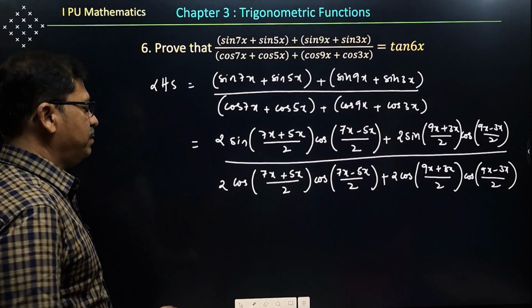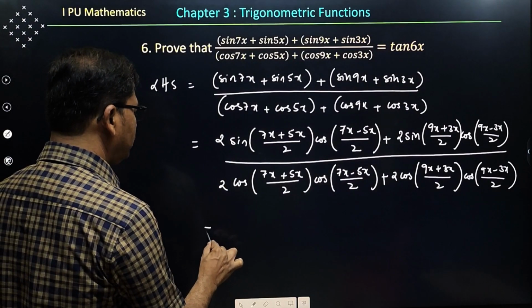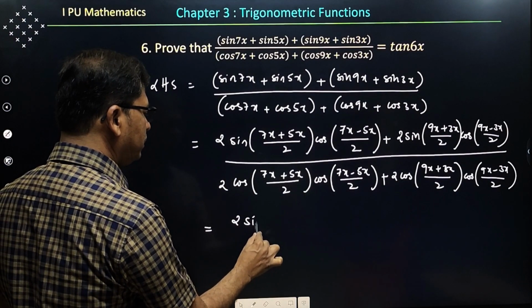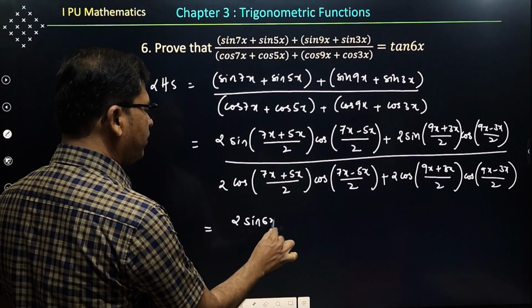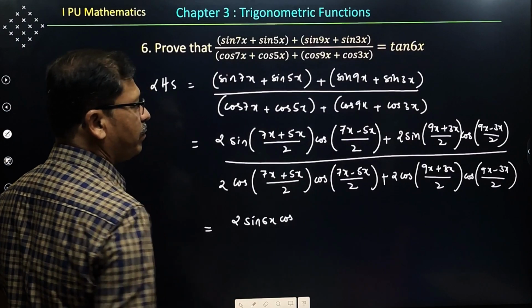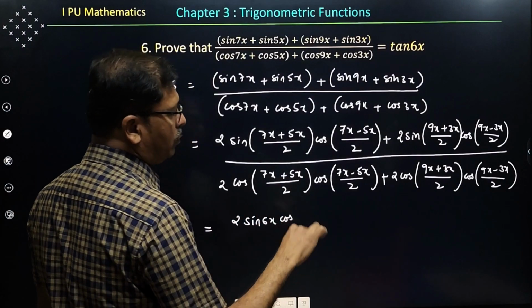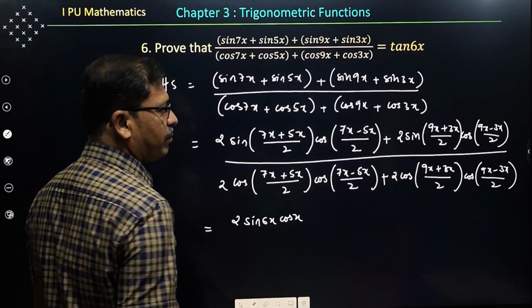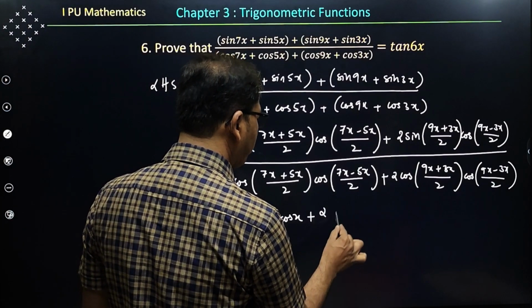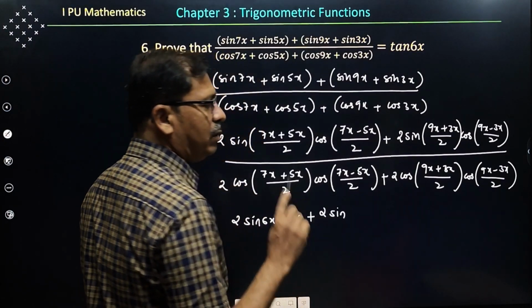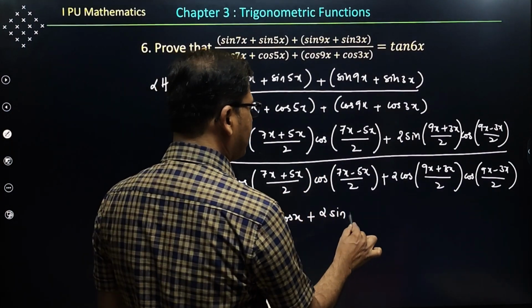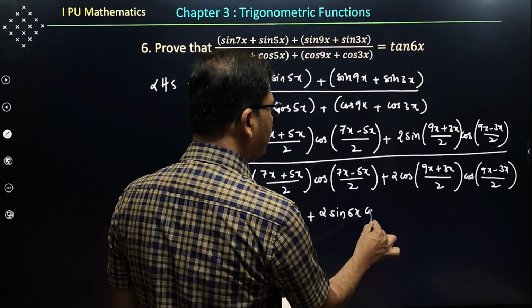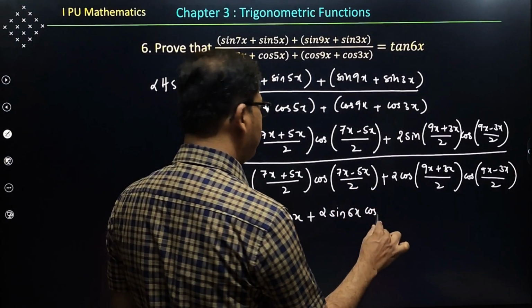Further simplify this. 2 into sine of 7 plus 5, 12, 12 by 2 is 6x, into cos of 7 minus 5, 2, 2 by 2, 1, only x, plus 2 into sine of 9 plus 3 is 12 divided by 2, that is 6x, into cos of 9 minus 3 is 6, 6 by 2 is 3.